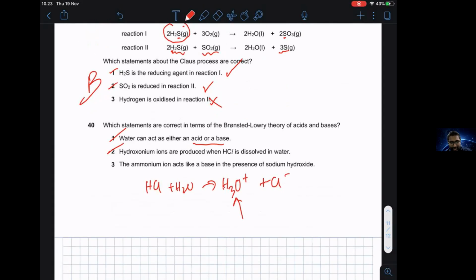The ammonium ion acts like a base in the presence of sodium hydroxide.